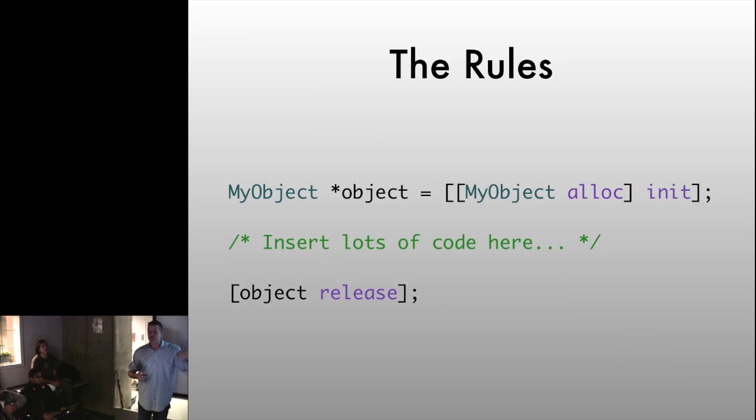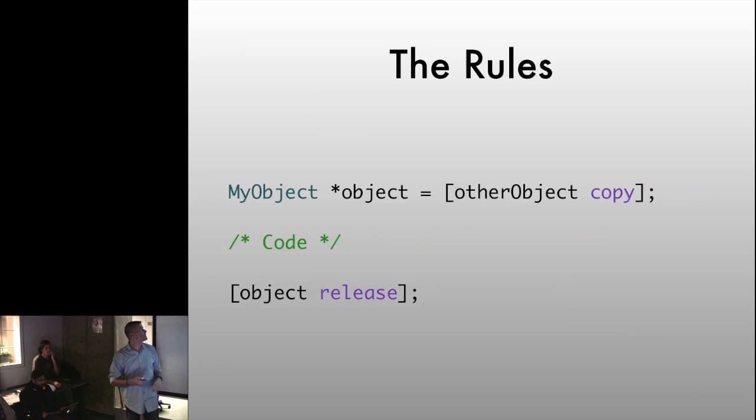You do a whole bunch of stuff with an object, and then you want to get rid of it. Release, just once, brings the reference count down to 0, and Cocoa will release the object. Same thing for copy. Here we've got another object that's been allocated already and has had some values filled in.